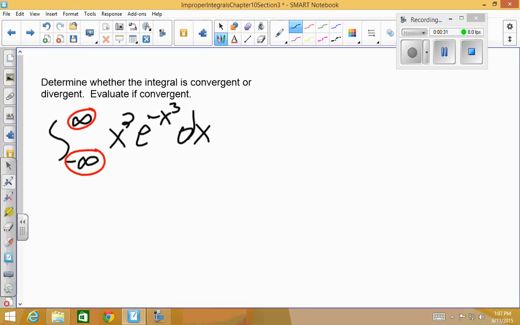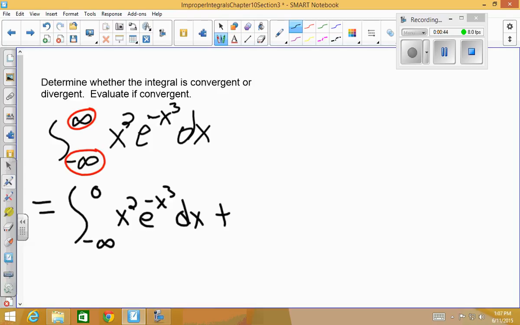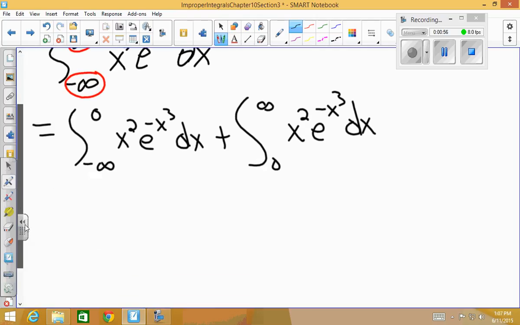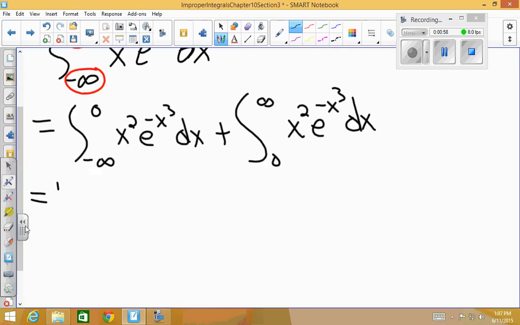improper integrals. So this could be broken up into the integral from negative infinity to 0, x squared e to the negative x cubed dx, plus the integral from 0 to infinity, x squared e to the negative x cubed dx. Each one of these integrals is an improper integral, so we have to use the definition to evaluate them.